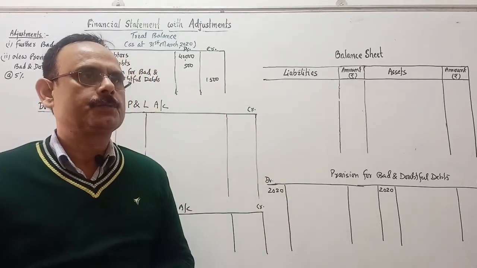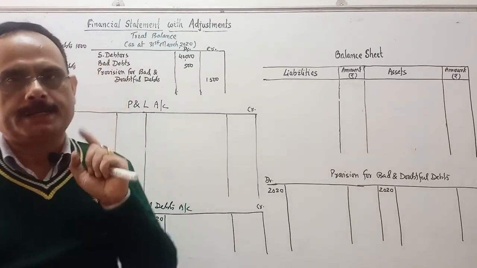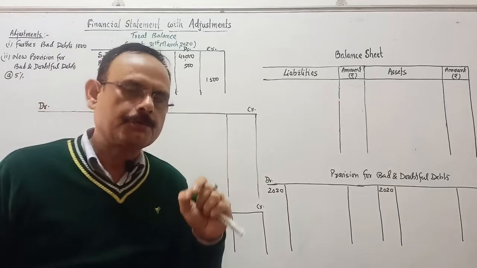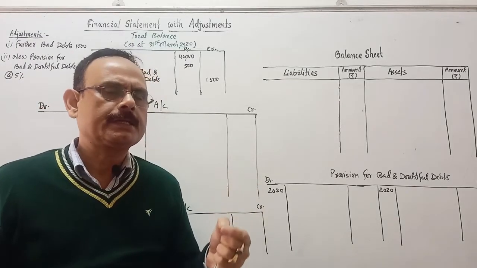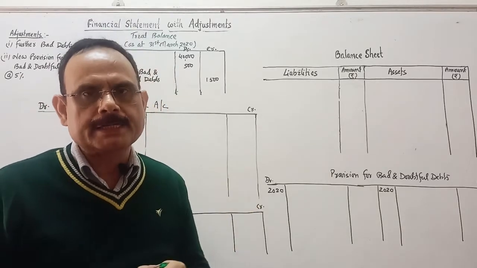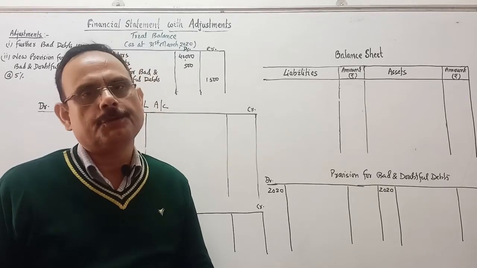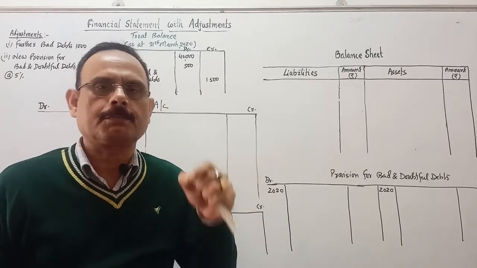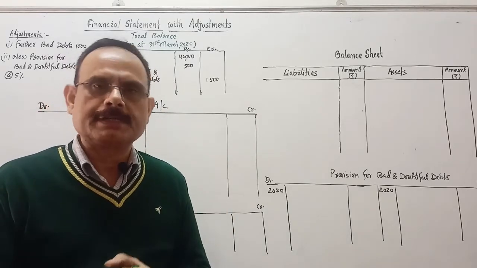Another adjustment is provision for bad and doubtful debts. If you make the provision for bad and doubtful debts, maybe in future there is a possibility of loss in terms of bad debts and we have a doubt on the collection, then we may make the provision. So how will we do the adjustment if it is given?